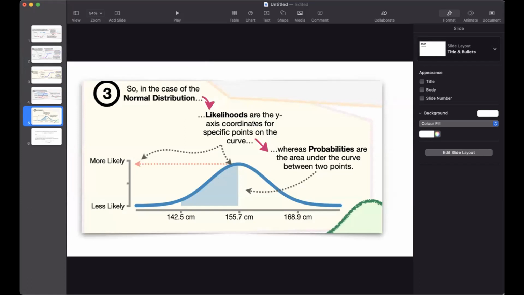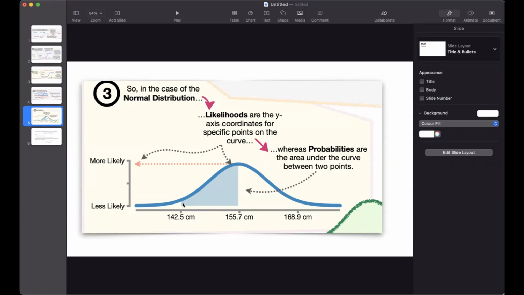Let's take a normal distribution. The probability is the area under the curve. Here our mean is 155.7 and our standard deviation is around 6.6. This is two standard deviations, and one standard deviation is around 6.6. The area it covers under this curve is called probability.